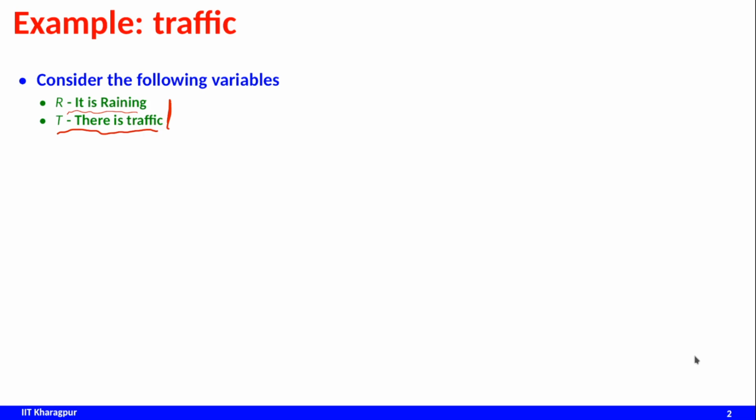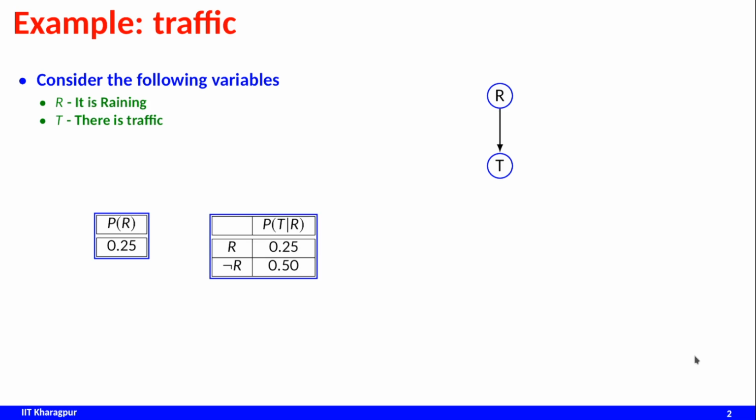It's very easy to understand that if there is rain, then there is traffic. So we can have these two variables, rain and traffic, and the relation between them will be rain to traffic. Now if you want to describe the probability table, I just need to specify the probability of rain, and the conditional probability of traffic given rain, and the probability of traffic under the condition of no rain.